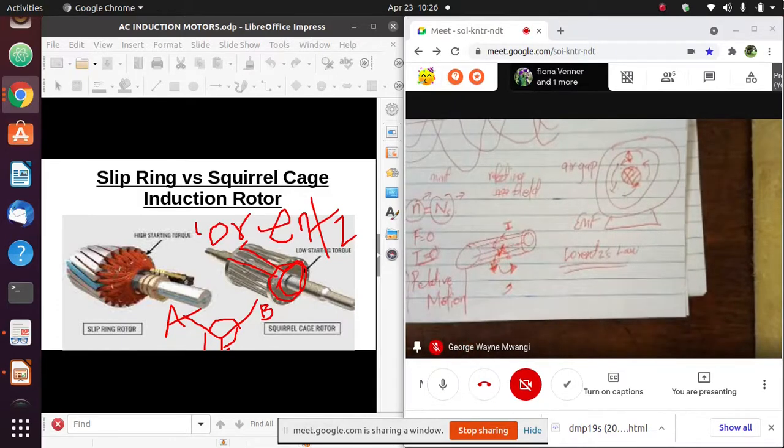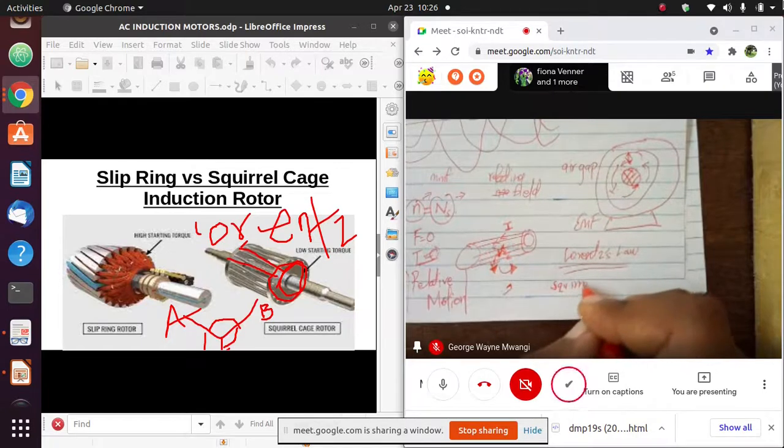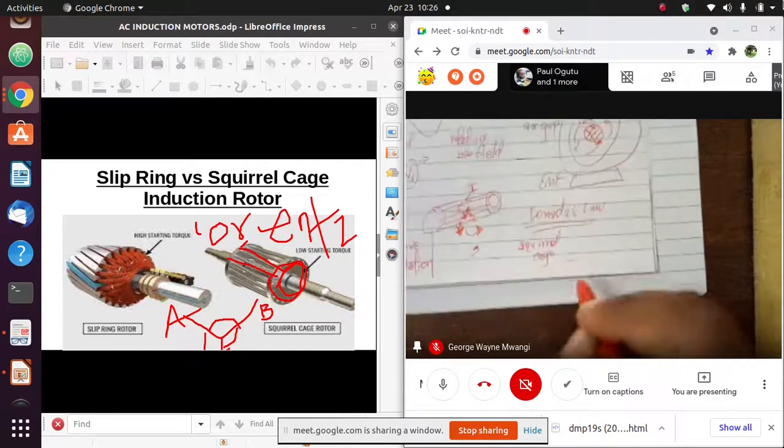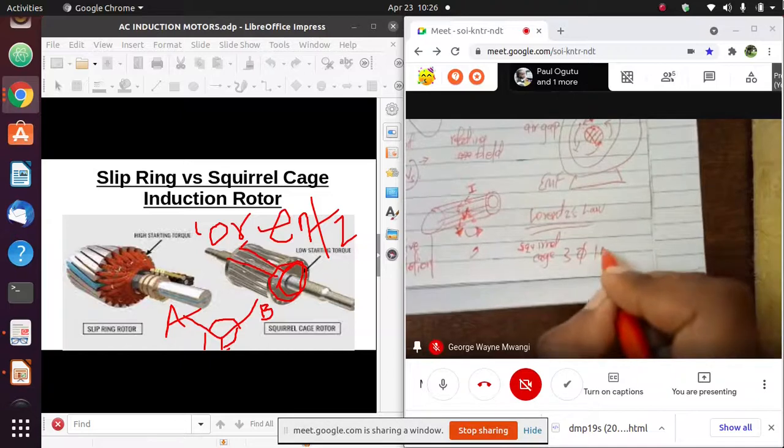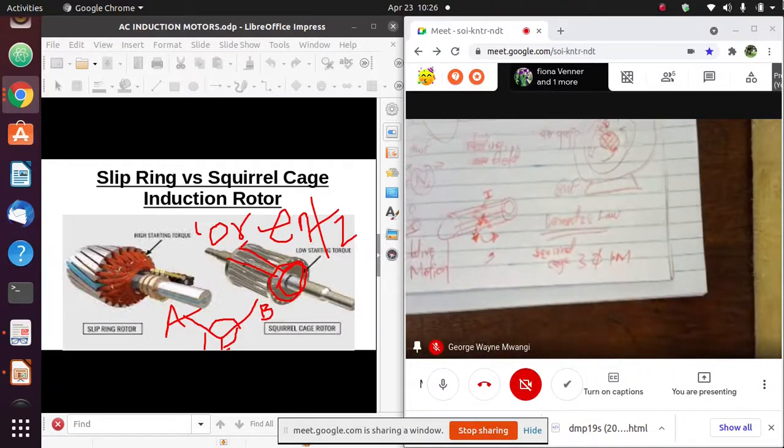That is the working of a squirrel cage three-phase induction motor. That is a very simple explanation of a squirrel cage induction motor.